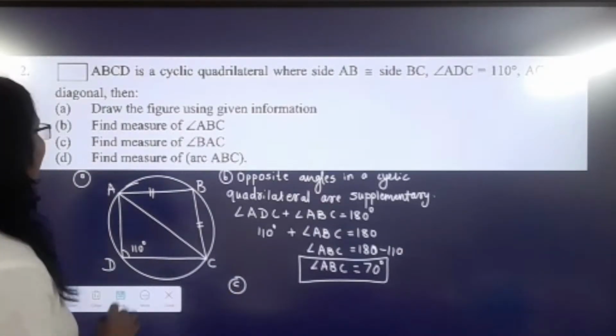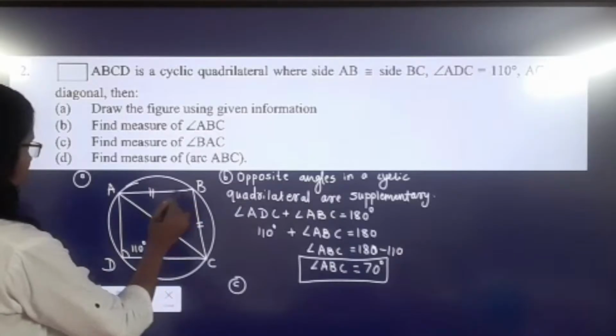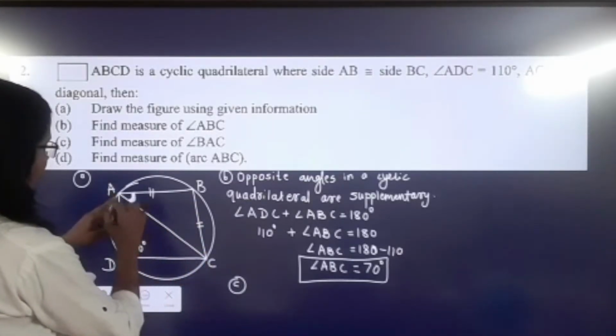Find measure of angle BAC. This one, students, this angle, we have to calculate this angle.